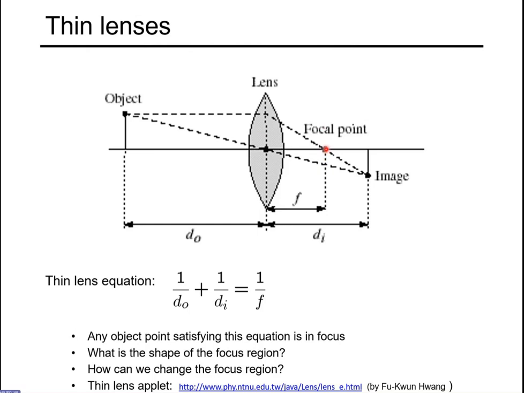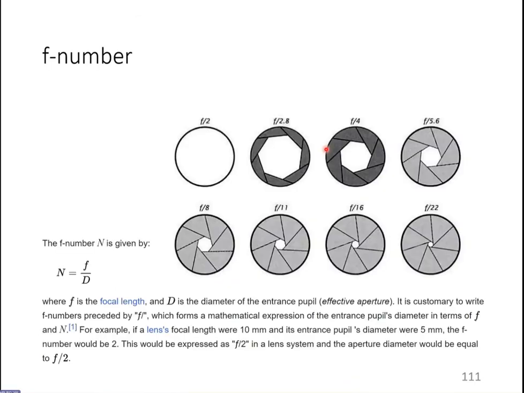Okay, and if you have a camera, especially an old camera, there is a term called F number. The F number means the ratio of the focal length and the diameter of the aperture. So if the F number is small, it means you open the aperture, making it very large.